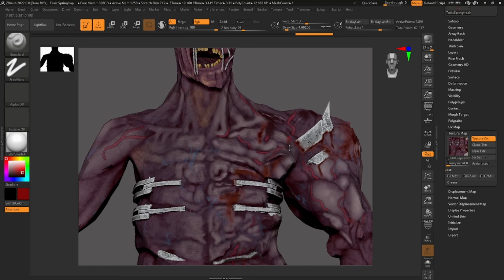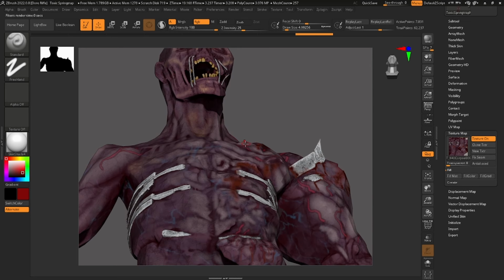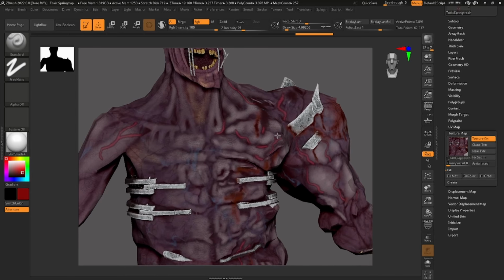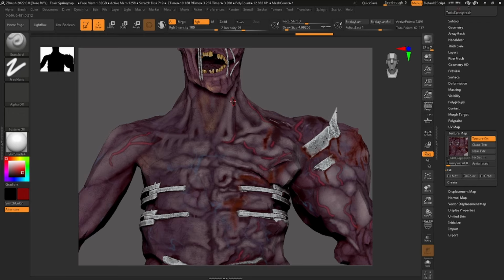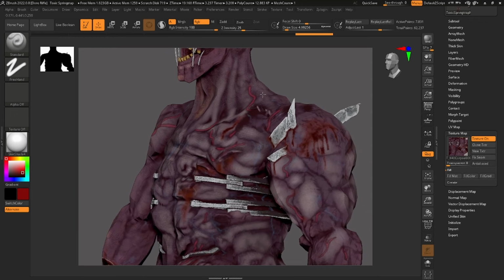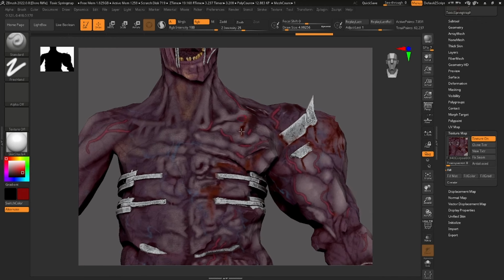Man, this is hard to decipher. You see, it's swelling up here. Part of his pec, I think. Yeah, I think this is his pec.